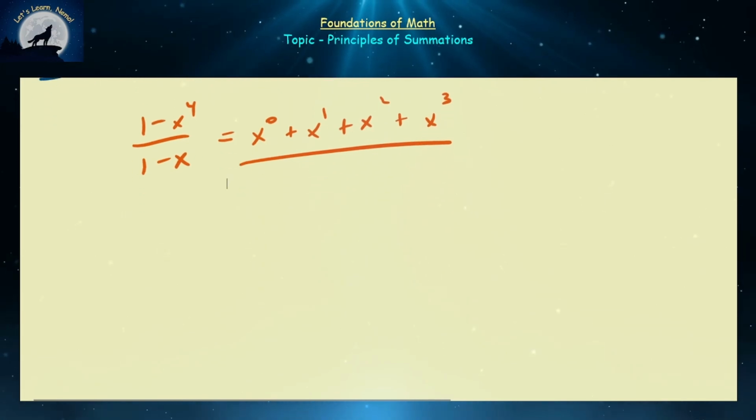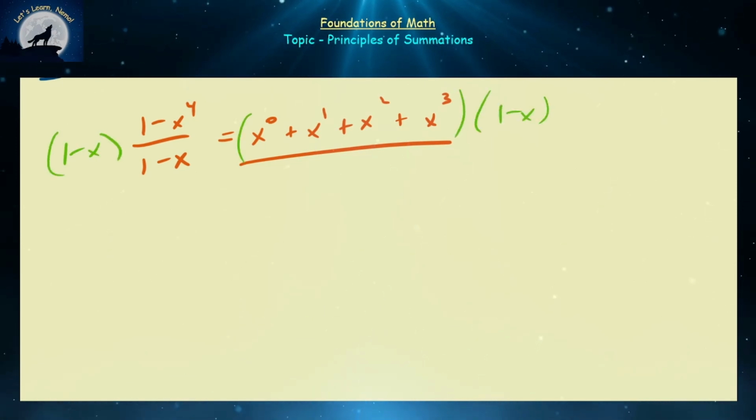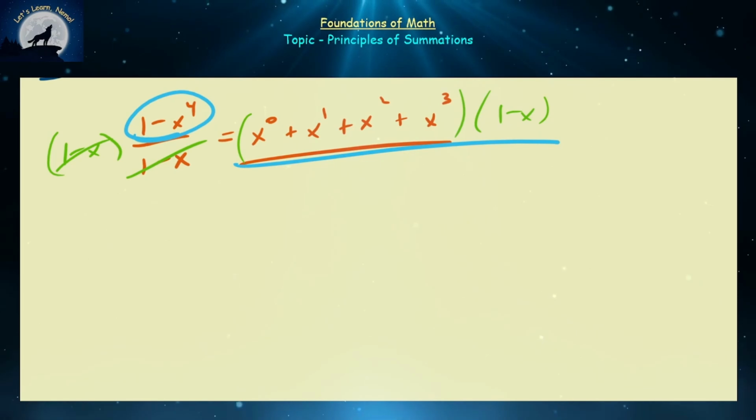So if this is the case, then if I multiply both sides of this expression by 1 minus x, then this expression is equal to the product of these two terms.